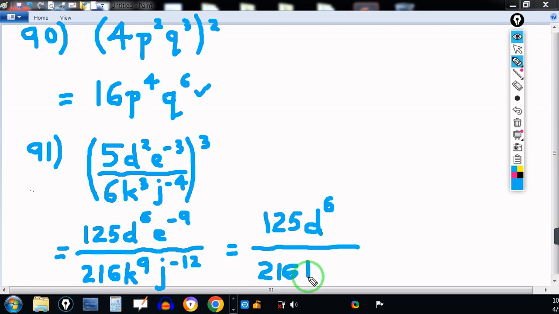The k to the power of 9, we maintain k to the power of 9. I want you to take the e to the power of 9, that one, and write it down here, e to the power of 9. And I want you to take the j to the power of minus 12 and write it as j to the power of 12.